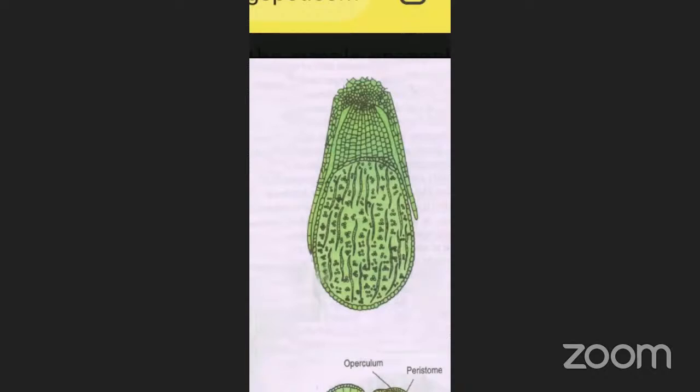The capsule portion is differentiated into amphithecium and endothecium. The single-layer capsular wall is formed from the amphithecium, the outermost protective layer.